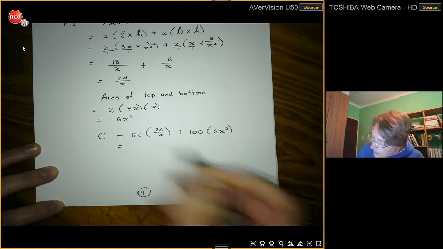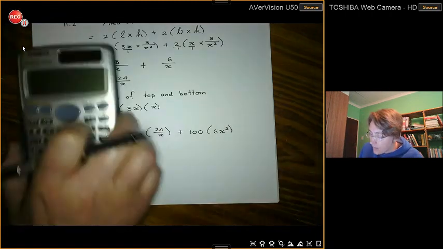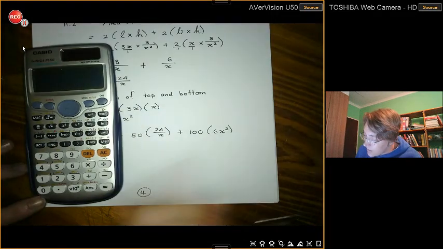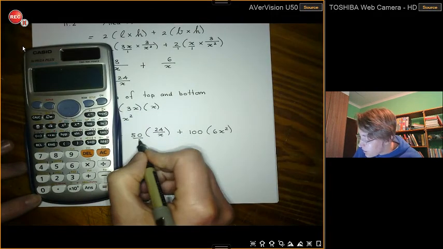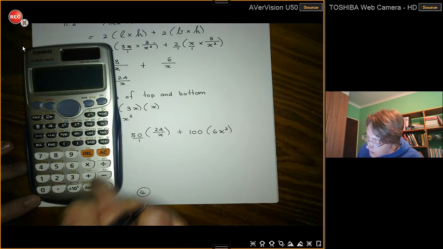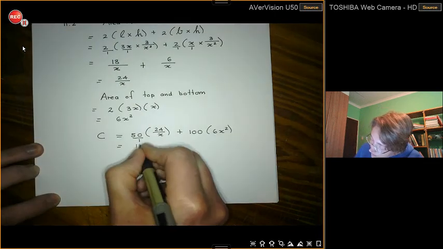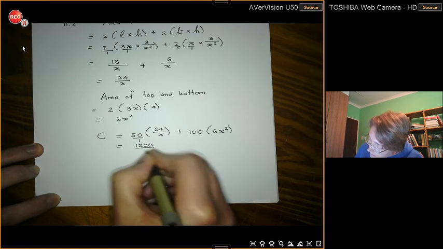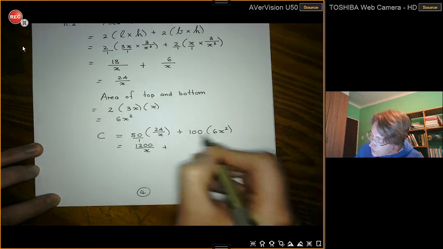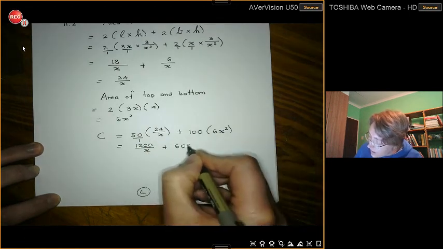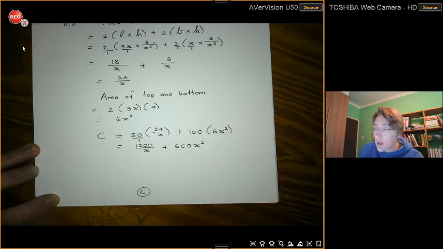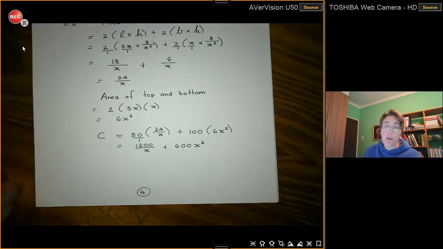So if I simplify that, and I say 50 times 24, because you can again just put that over 1, is going to be 1,200 over x, plus then 100 times 6 is then 600x squared, which, if you go and you look at what they wanted you to find, you find that that is exactly the expression of the cost.